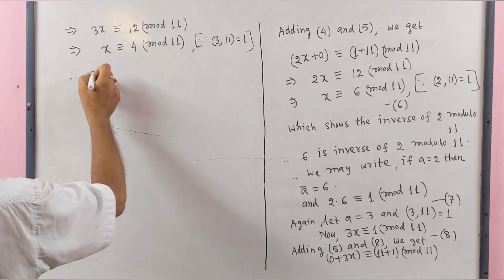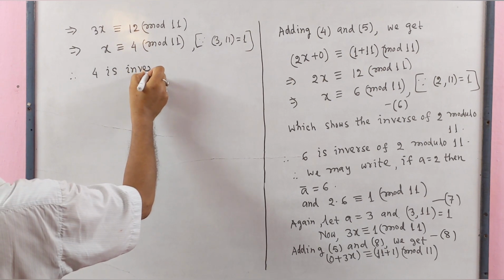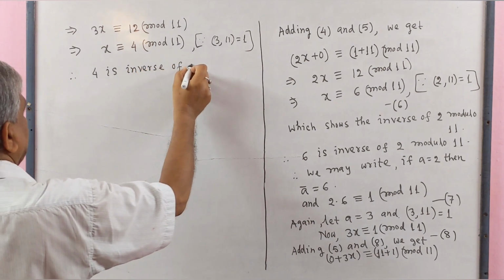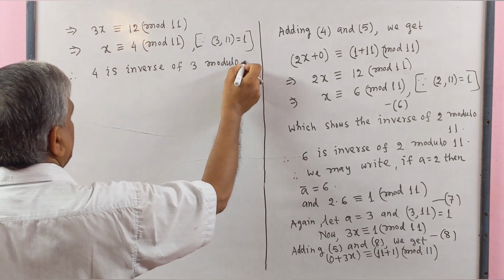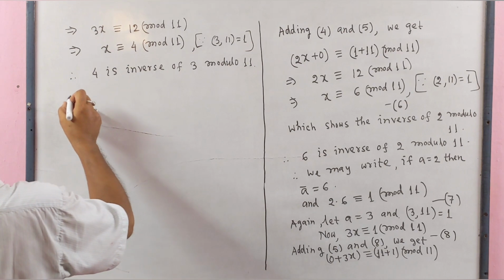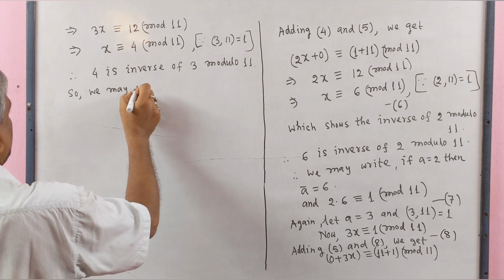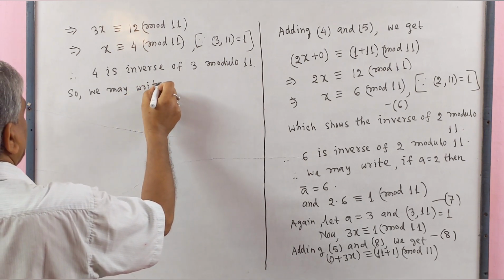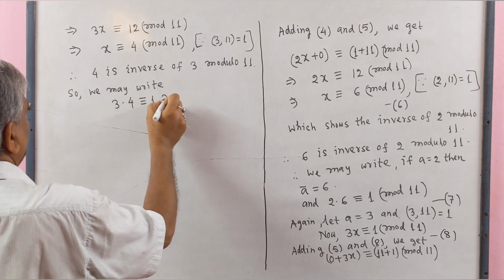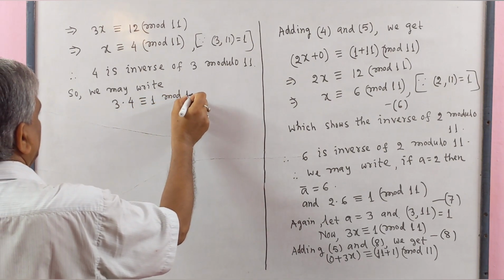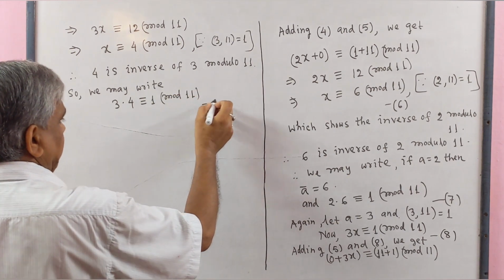Therefore, 4 is inverse of 3 modulo 11. So, we may write 3 multiply 4 congruent to 1 modulo 11. Let this be number 9.